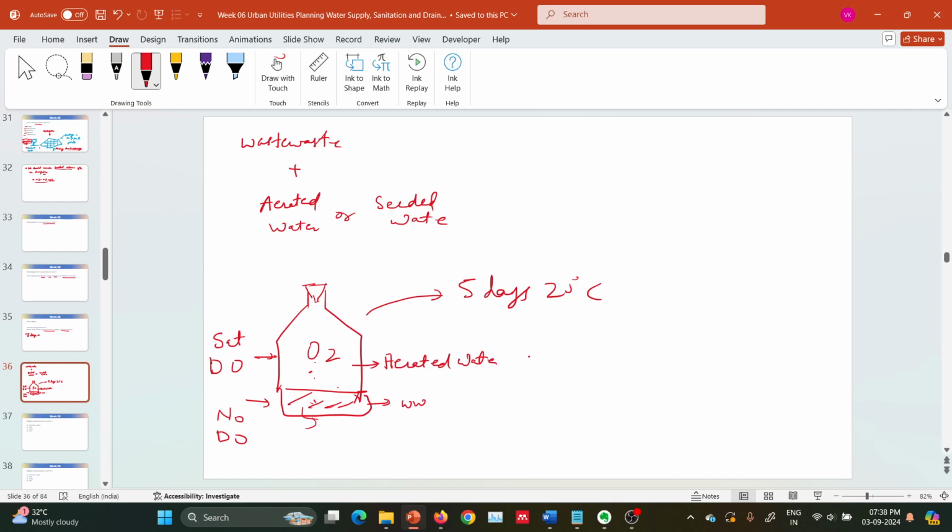The oxygen concentration we will calculate first, so DO initial, and after 5 days we will check the DO value again. This will be called the DO final value. The DO which was initially there in the bottle will be reduced.